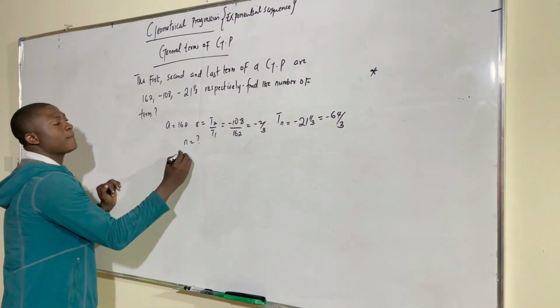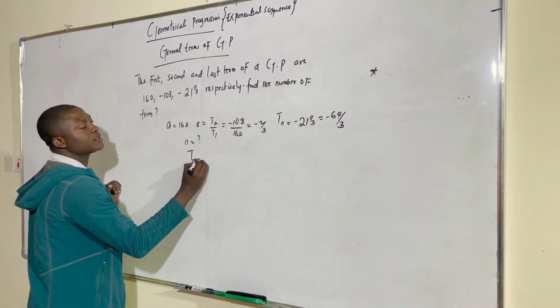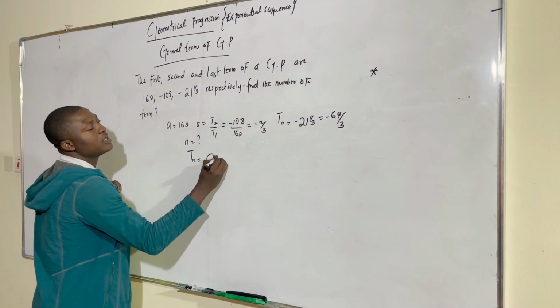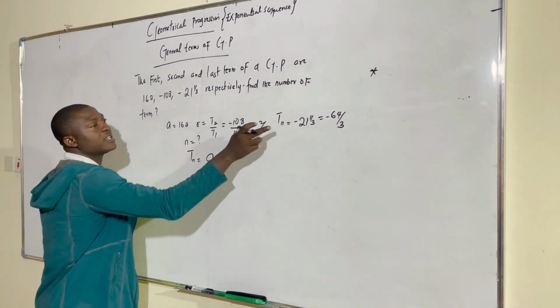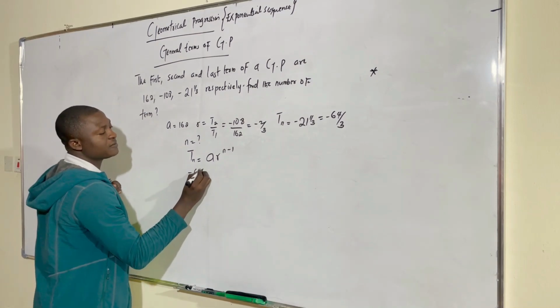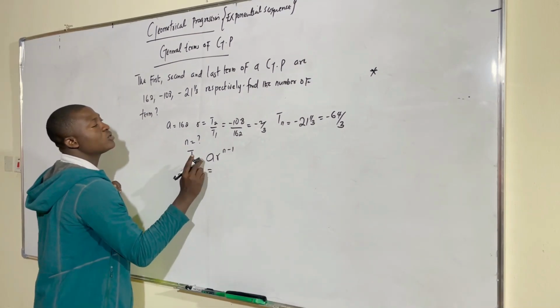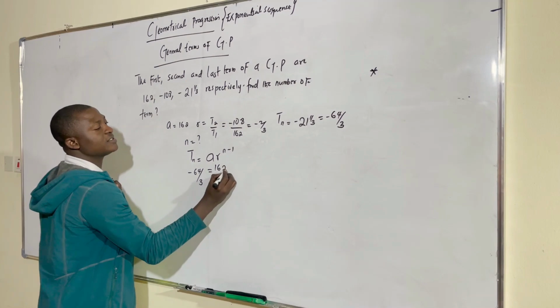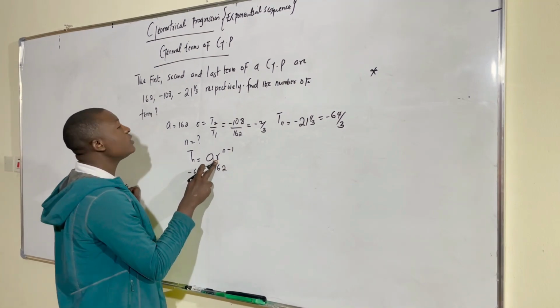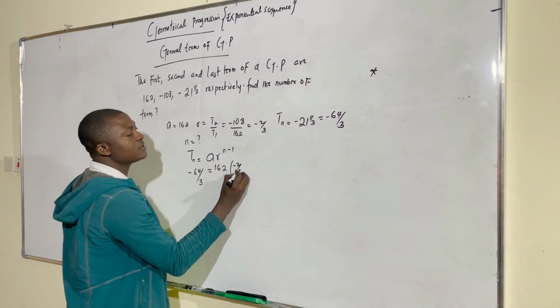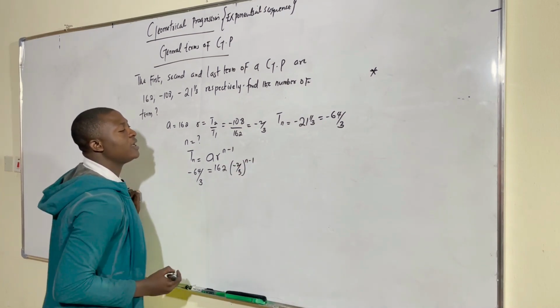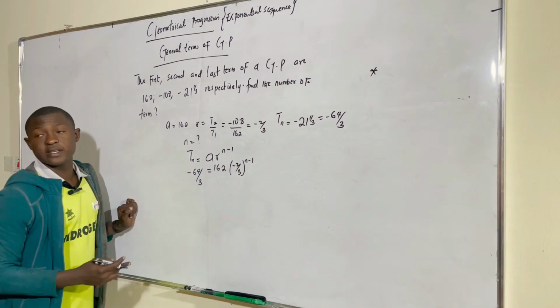Applying the formula, Tn is equal to a r to the power n minus 1. This is our usual formula. So what we have for the last term is minus 64 over 3 equal to the first term, 162, times the common ratio, minus 2 over 3, raised to the power n minus 1, because the value of n is unknown.